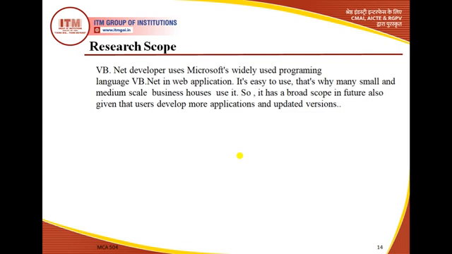A little bit of change in this programming language, we can see a drastic change in the performance of the whole .NET framework. So if VB.NET technology is introduced with better versions and modifications, then obviously the business houses will adapt it more and more.